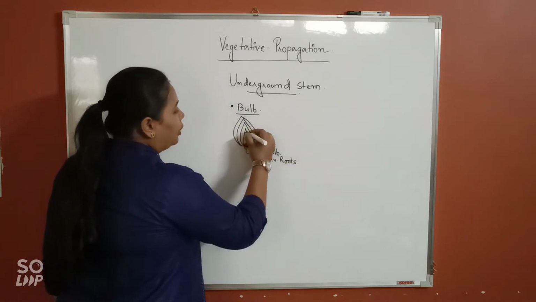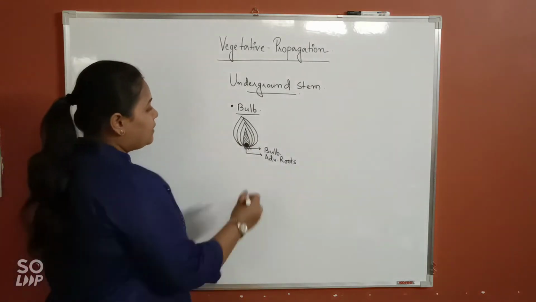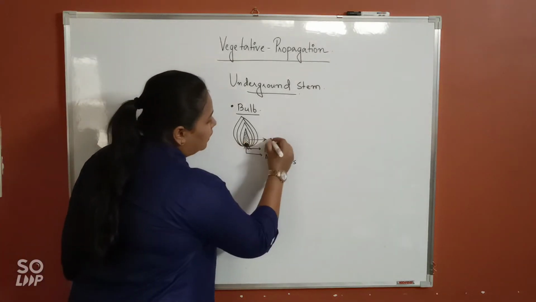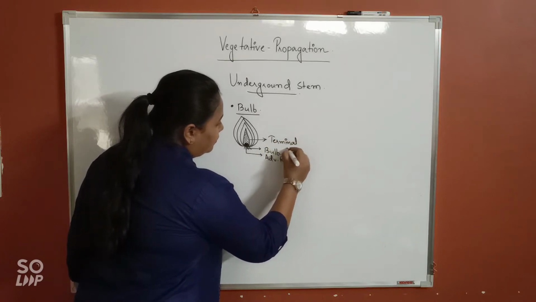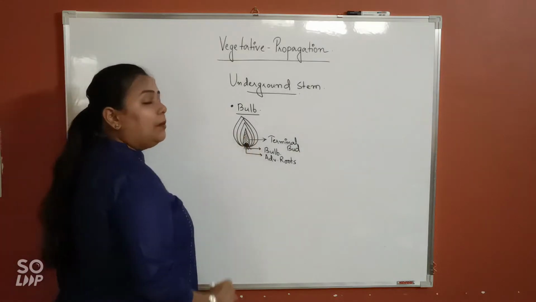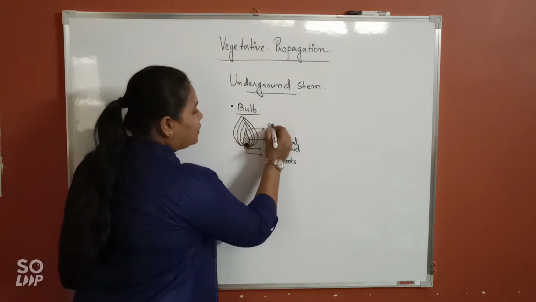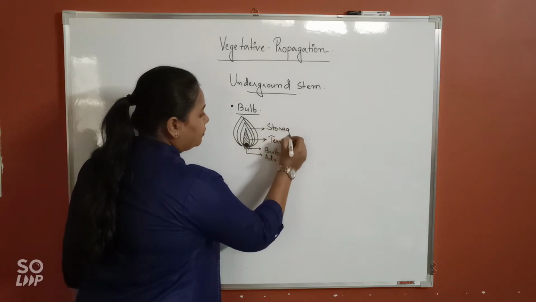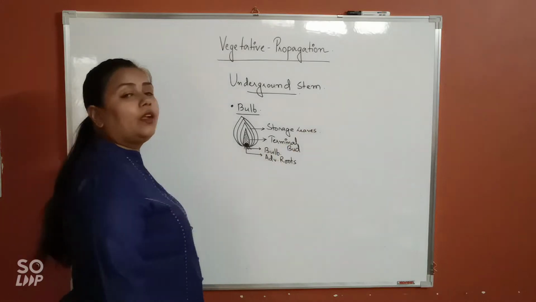Now the most important part is present centrally, that is the terminal bud, and then the terminal bud would remain surrounded by storage leaves. Right?